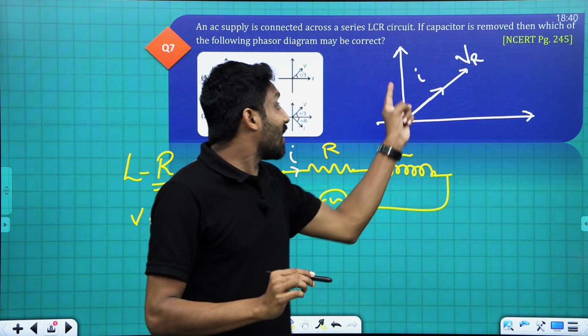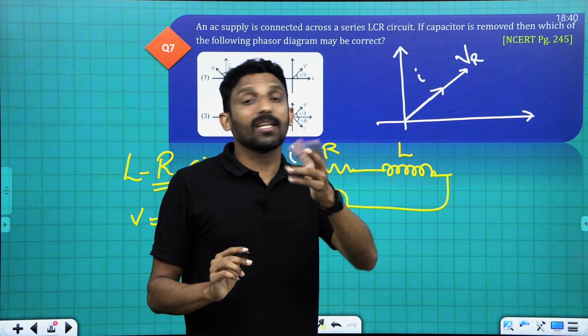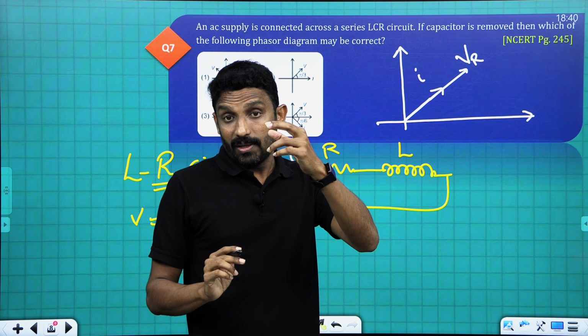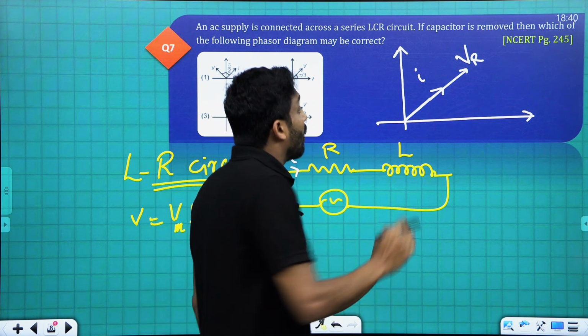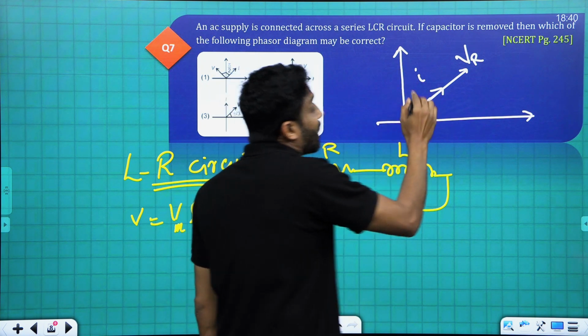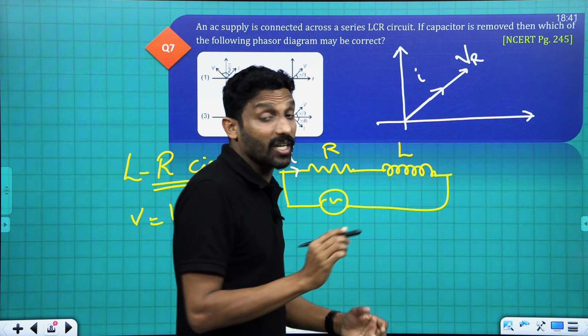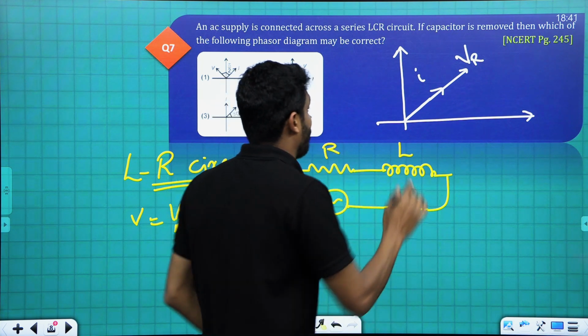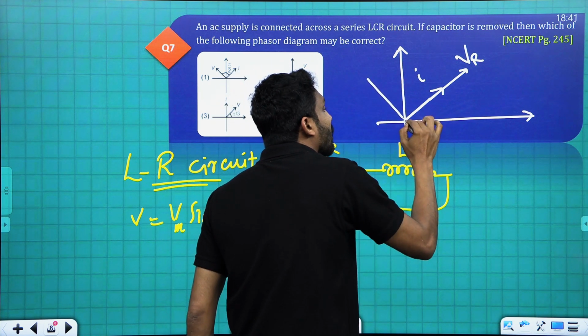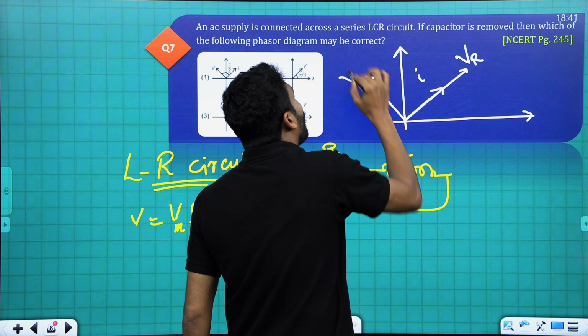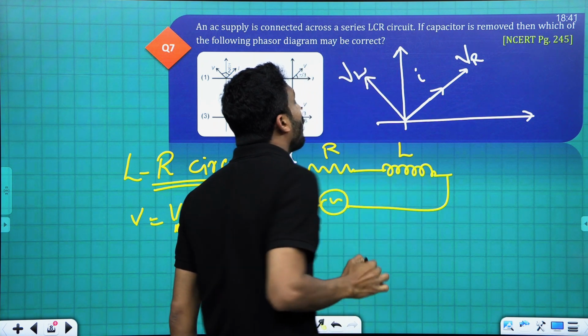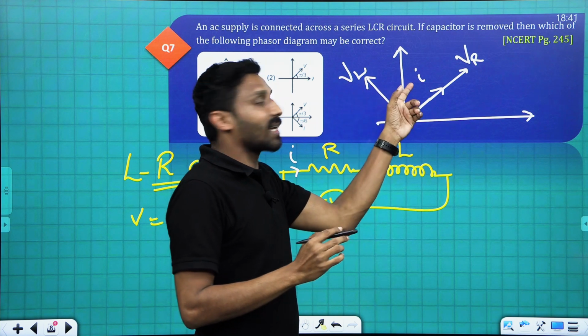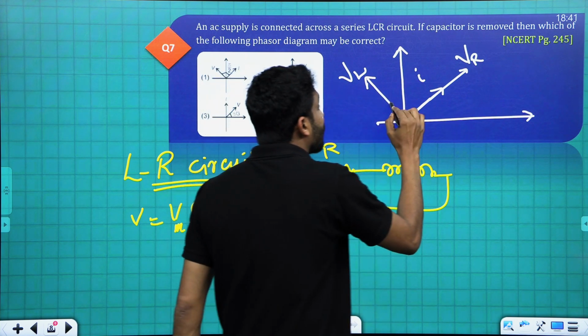Now, the current is lagging behind the voltage across the inductor. Yes, the voltage across the inductor, then it will be in this way. Voltage across the inductor VL, and the voltage is leading and the current is lagging by 90 degree angle.